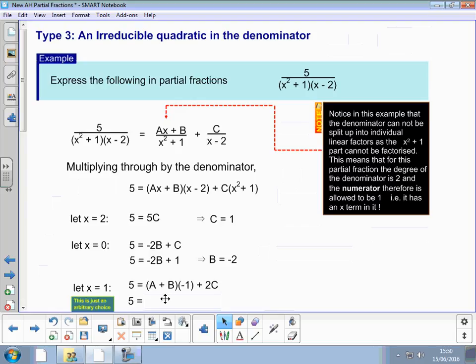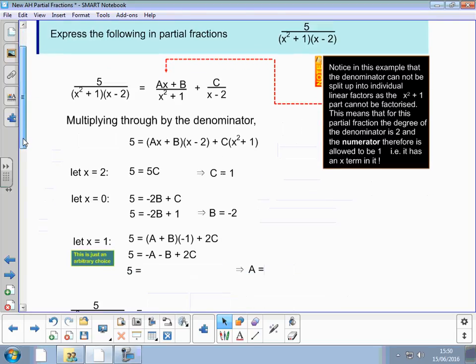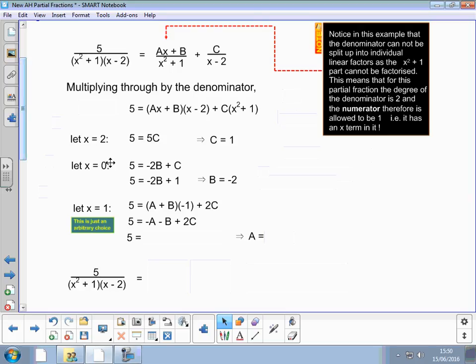We can then replace the letters b and c with the numbers we've already figured out for them. So when we do that, we end up with minus a minus minus 2, which gives us plus 2, plus 2 times 1, which gives us that. And rearranging that, solving it to figure out what a is, we get a equals minus 1.